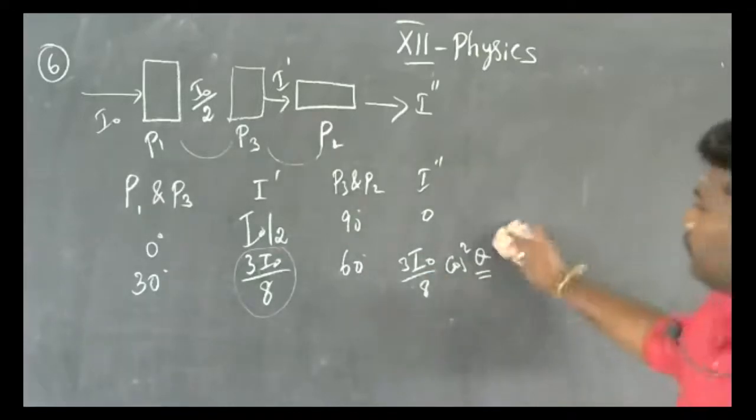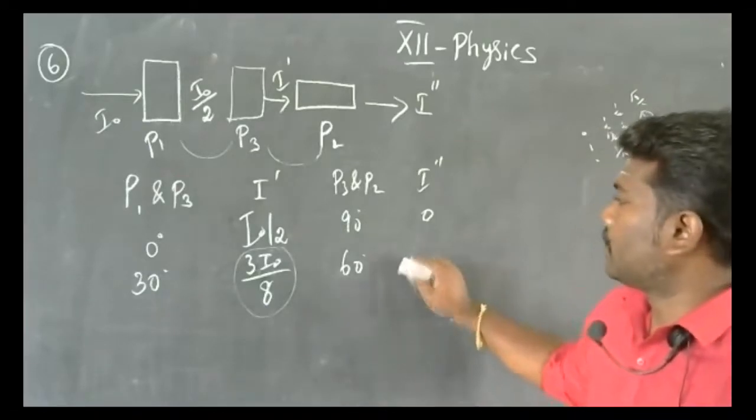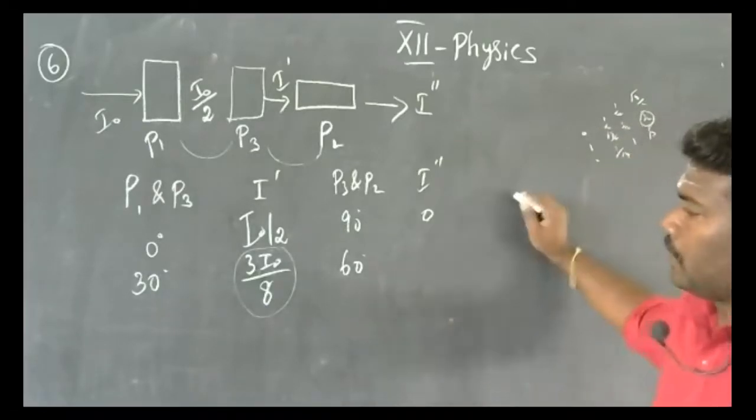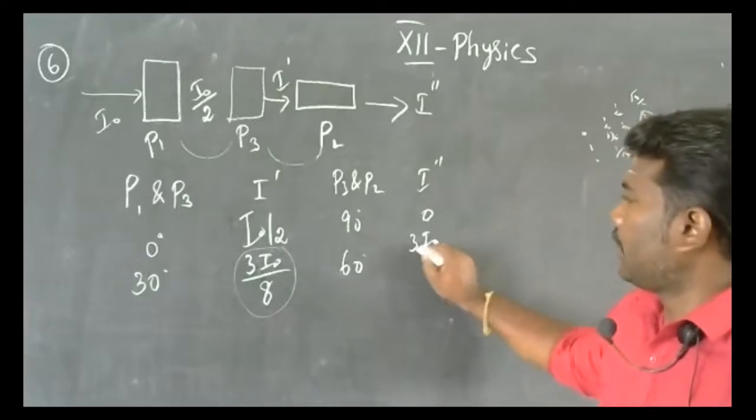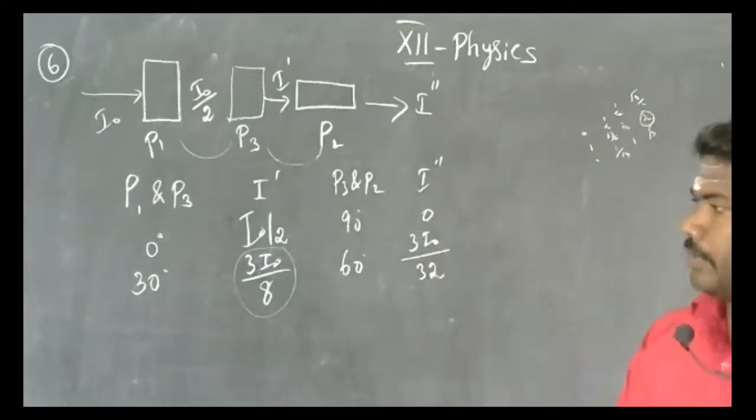Cos 60 degree is 1 by 2, so cos square theta is 1 by 4, giving 3 I naught divided by 32. So the final intensity of the light emerging from the whole arrangement is 3 I naught divided by 32.